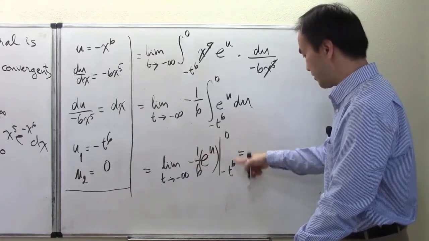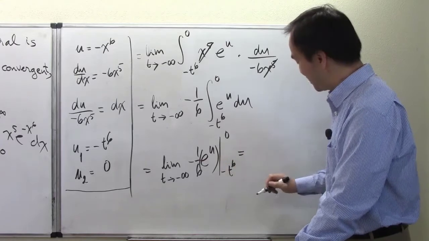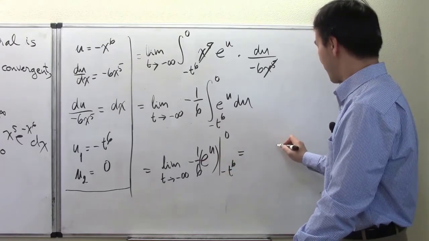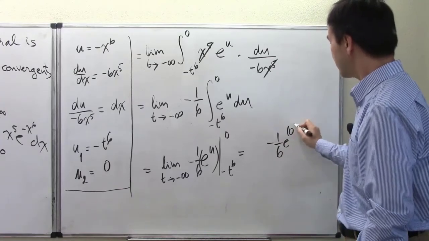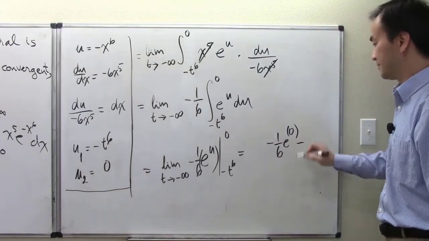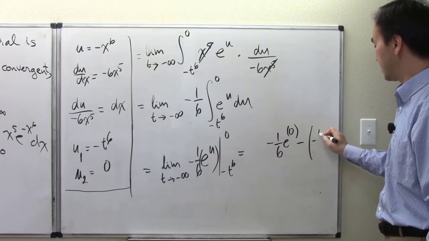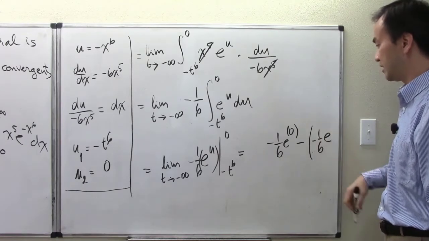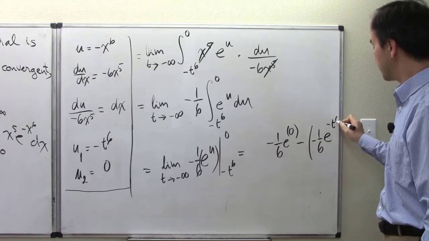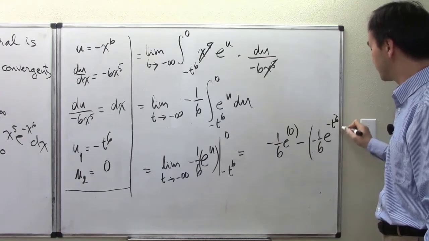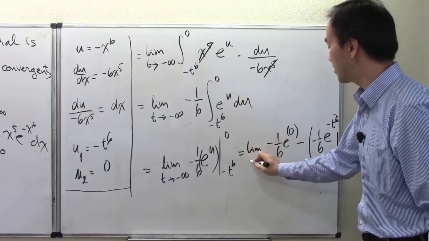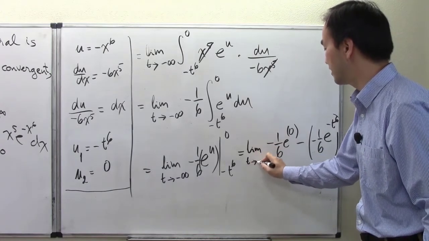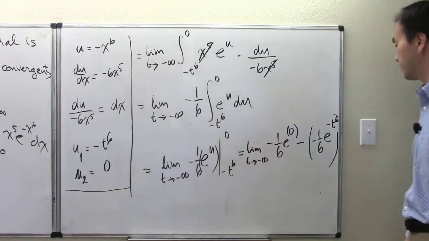One of them is 0, the other one, the lower one, is negative t to the sixth. And so I'm looking at minus 1/6 times e to the 0 minus, okay, and then there is a negative 1/6 times e to the negative t to the sixth power. Okay, and then this overall problem is regarded as a limit problem where we're letting t approach negative infinity.